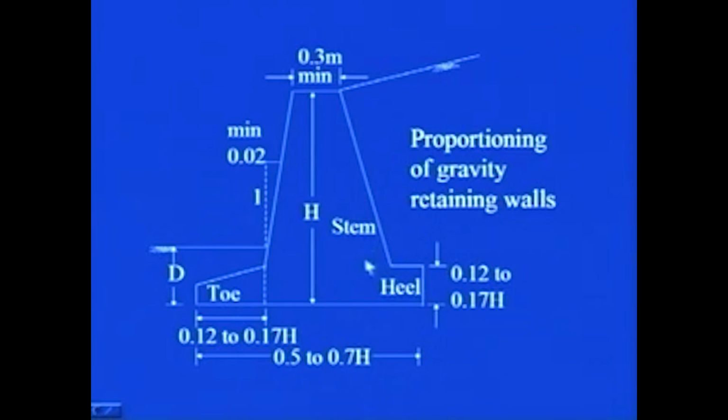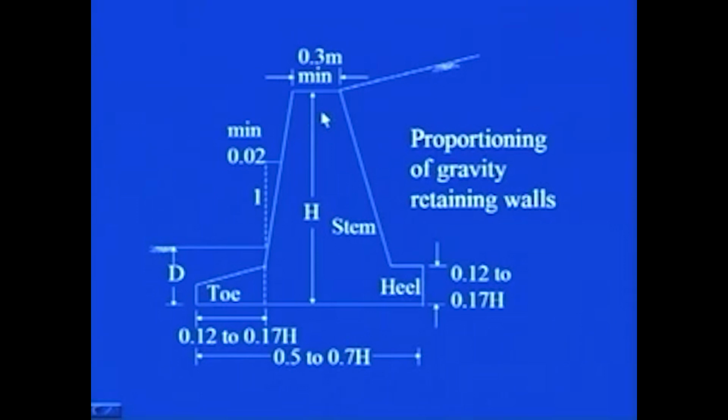This particular part above the slab is known as the stem. The part of the wall which is lying towards the backfill is known as the heel. Towards the other direction it is the toe.